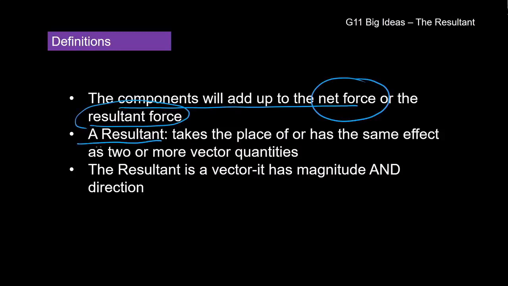So what is a resultant? It takes the place of or has the same effect as two or more vector quantities. The resultant is a vector, so it has magnitude and direction. The line will represent the magnitude, and the arrow will represent the direction.